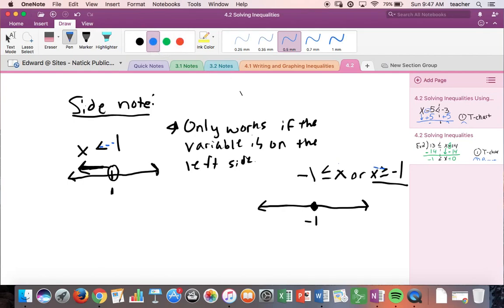And I can make an arrow out of here, and I know that my arrow is going to get shaded to the right. Okay, so just a heads up for you, that is a side note that works, but only if the variable's on the left side.